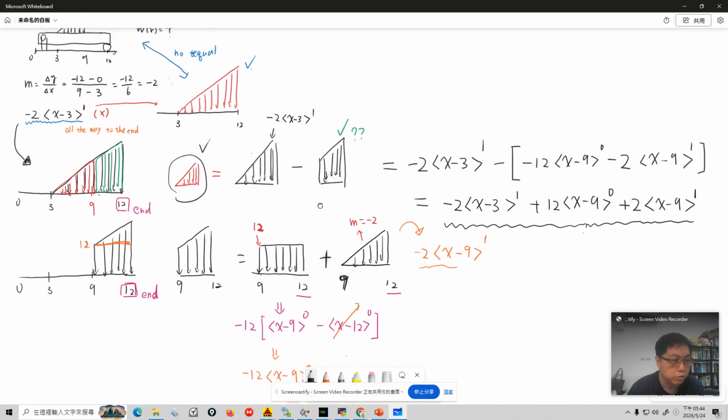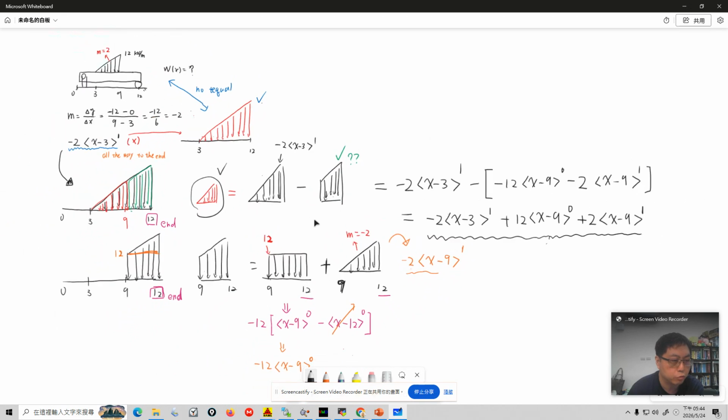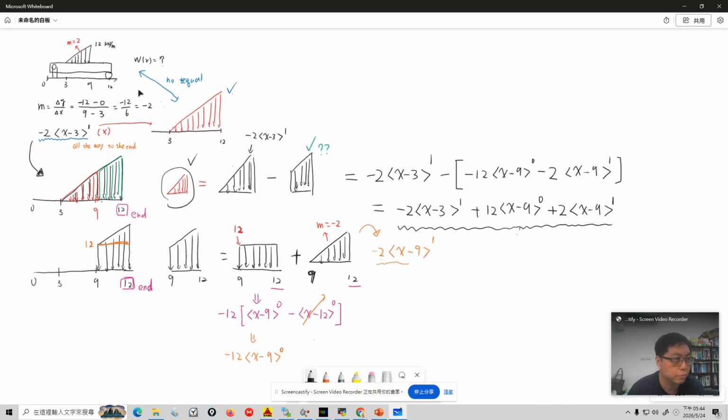So you can see that if it's a distributed load in the middle part of the beam, especially a triangle load, you need to use some trick to obtain the answer. That's why I recorded this video.